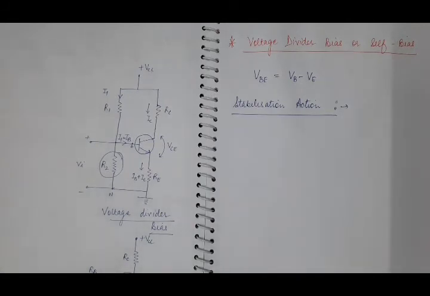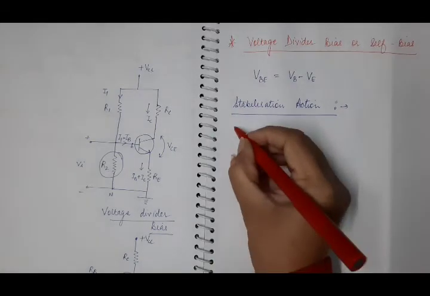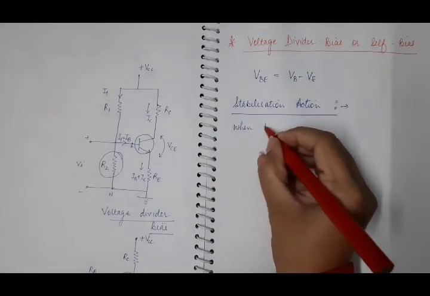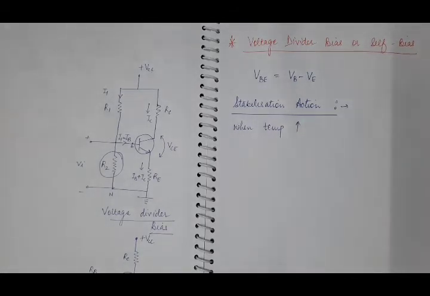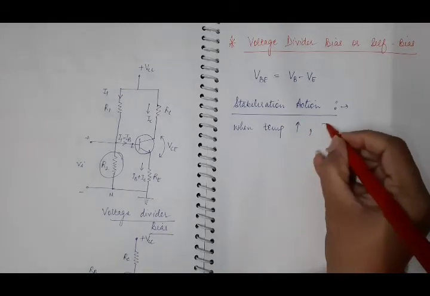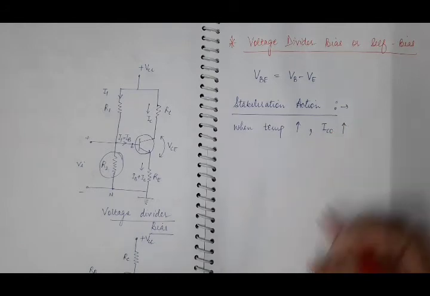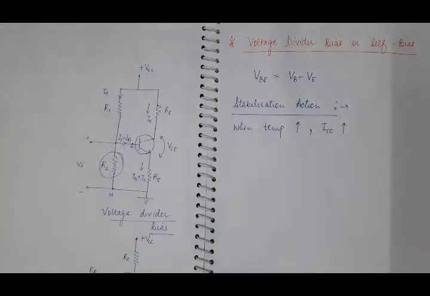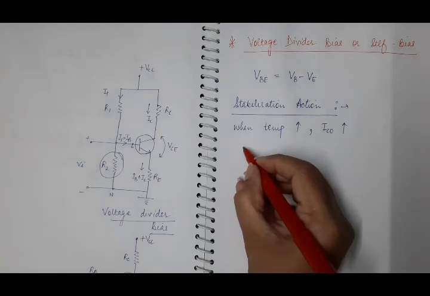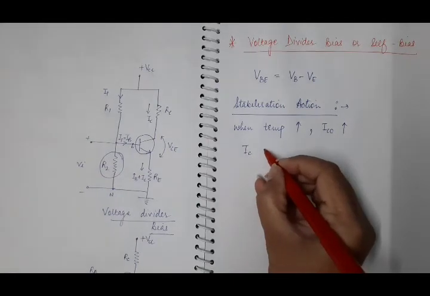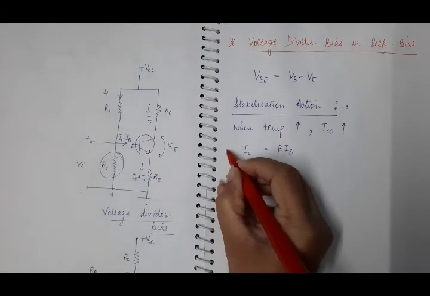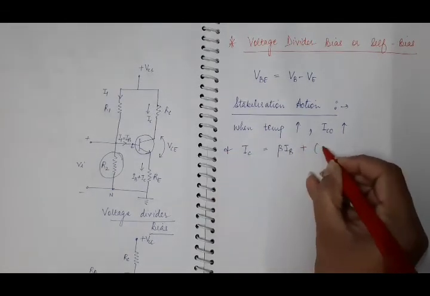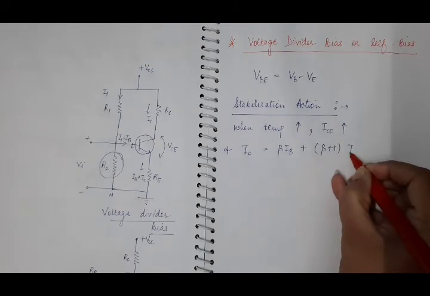In case of stabilization action, what happens is that when temperature increases, we know that the leakage current ICO increases. And the value of collector current is beta IB plus (beta plus 1) ICO.